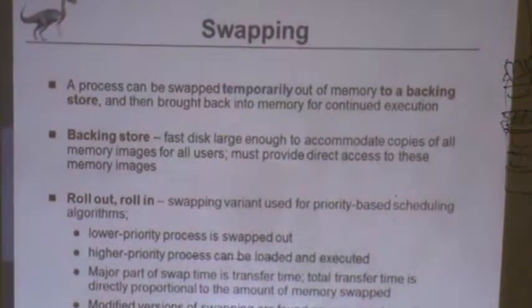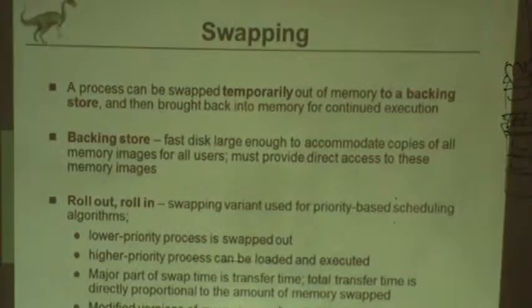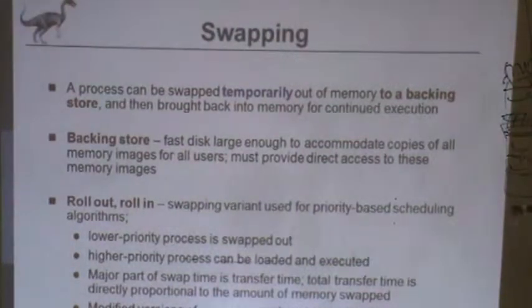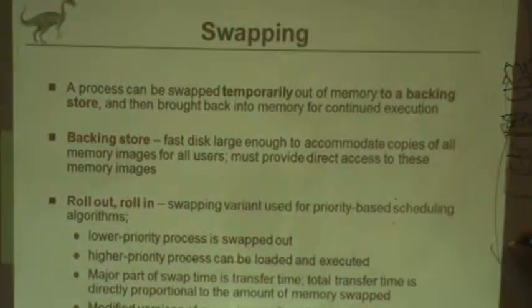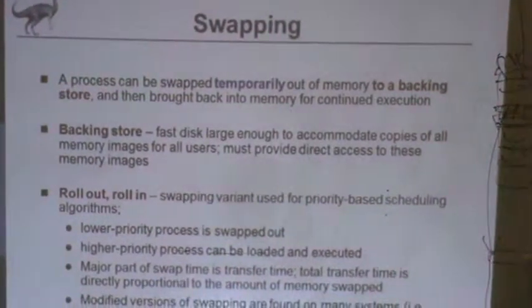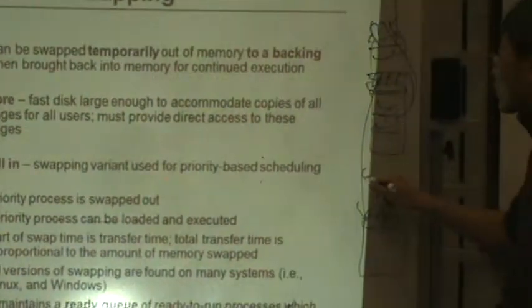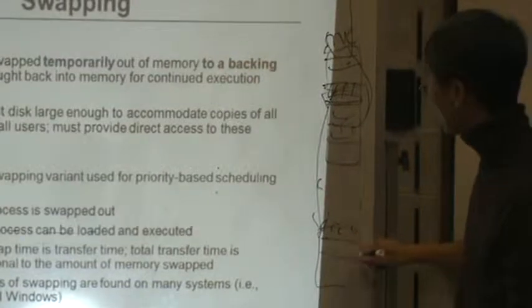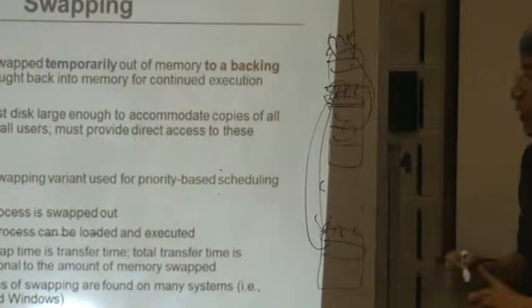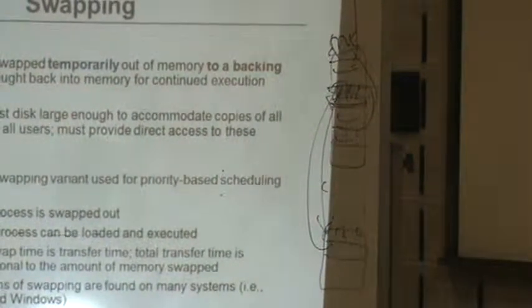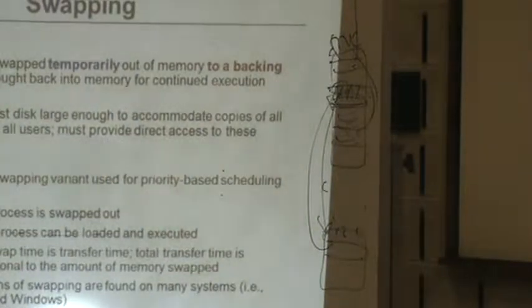Swap out is moving a process from the memory to the secondary storage. Swap in is bringing another process into the memory. Load out, load in. The problem? Very slow. So it's not actually used in the current operating system. But such an idea is there.